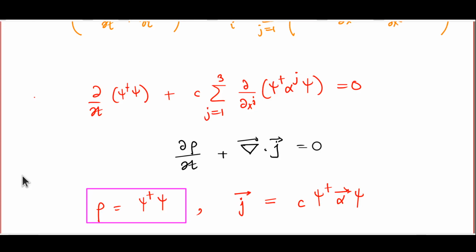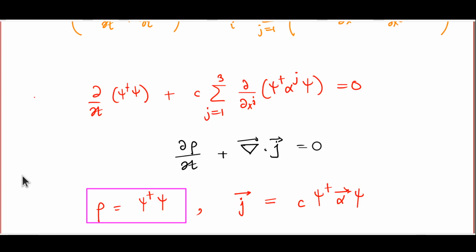Of course, alpha vector is really a collection of these 3 matrices, alpha 1, alpha 2 and alpha 3. As I have already said, each of the components of j, c psi dagger alpha i psi, are actually numbers. Not only that, they are actually real numbers, as you can easily check by simply taking their adjoint. These are all self-adjoint objects, and because they are numbers, they have to be real numbers.